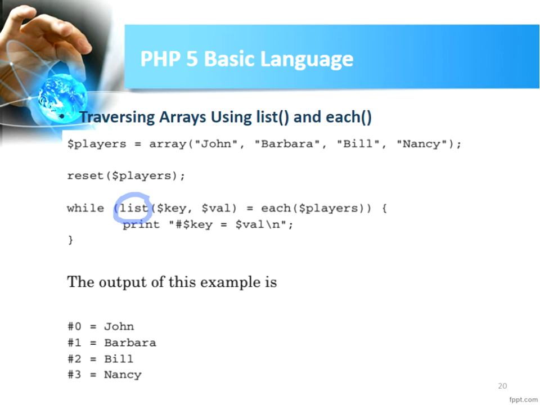So list key var equal each player. In the first iteration, key will be 0 and var will be John. And the second one, key will be 1 and the value will be Barbara, etc. It is clear?